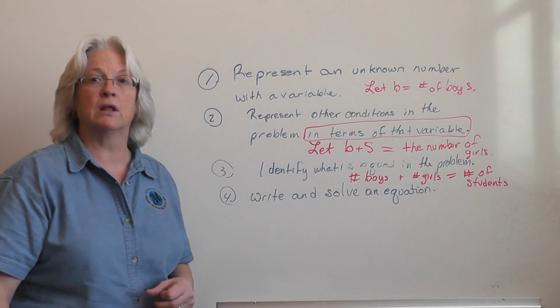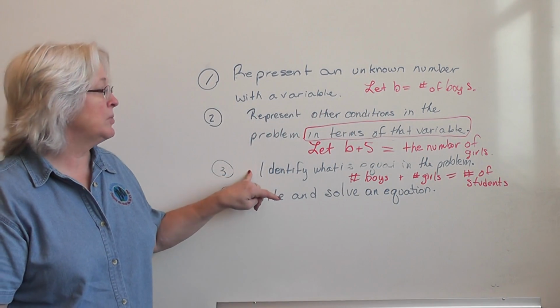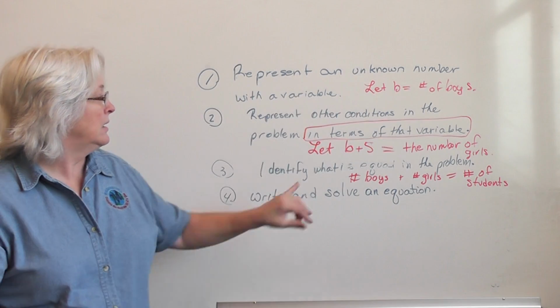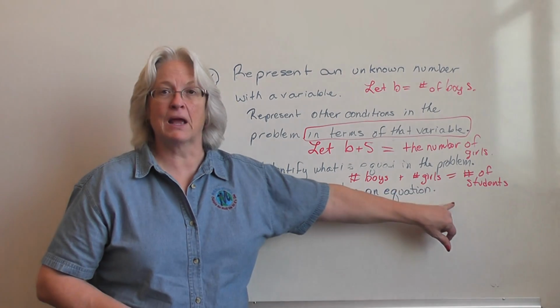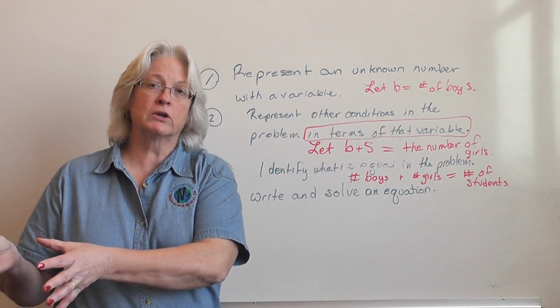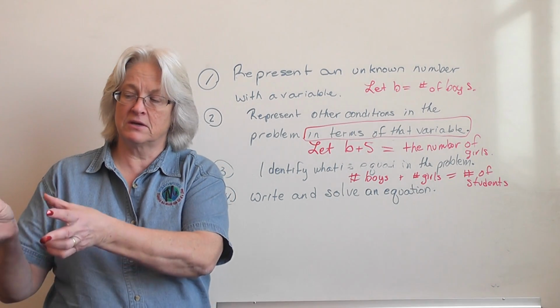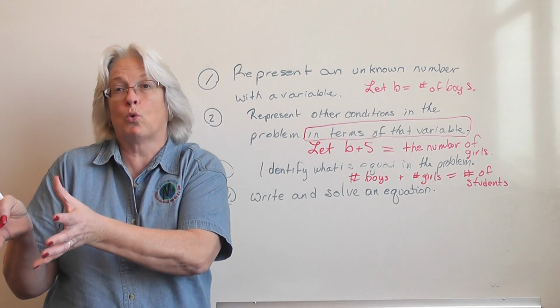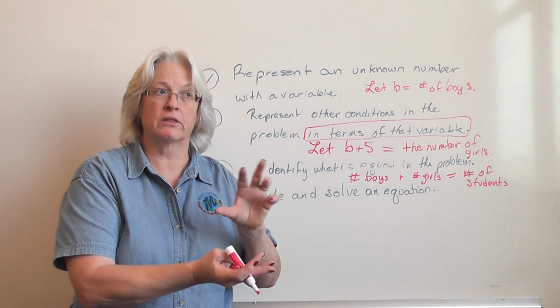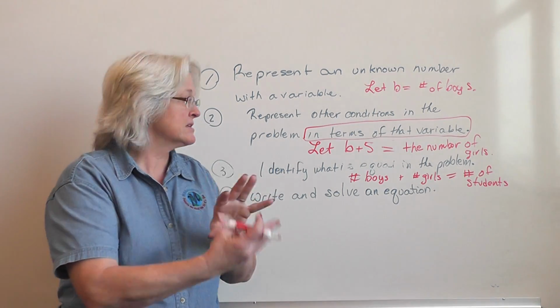In Mr. Jones' class. And coming up with this, identify what is equal, this is a real key step in being able to come up with an equation. You have to figure out, this is what I'm looking for, or this is a total quantity that I've been given. What can I put on the other side of the equation that represents the same value?